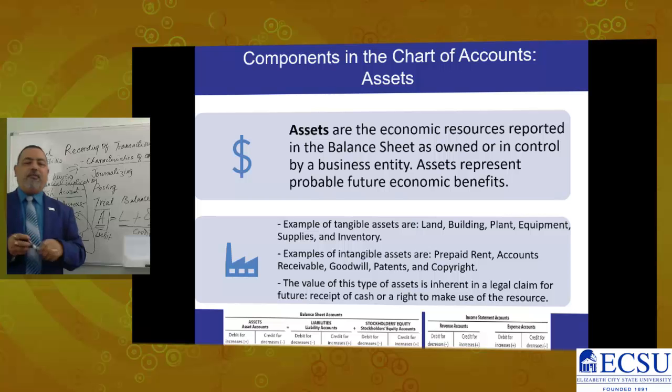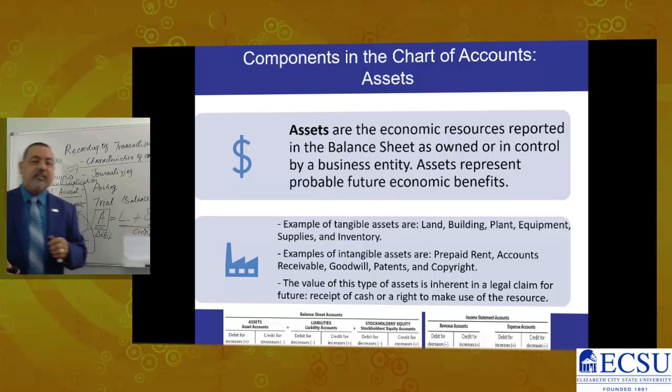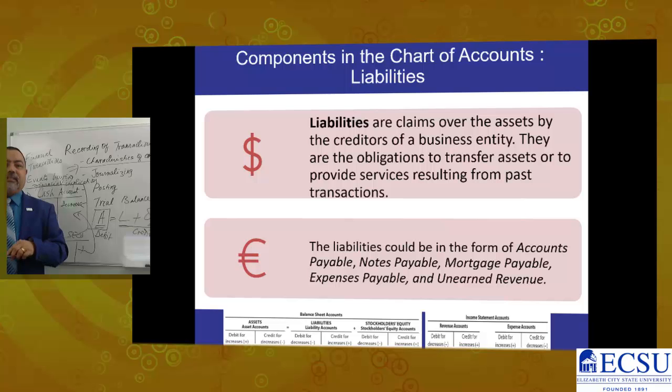The value of these types of intangible assets is inherent in the legal claim for the future, either because we have a right to receive the cash or a right to make use of the resource. So that would be prepaid rent, accounts receivable, goodwill, patents, copyright. All these will be considered intangible assets.